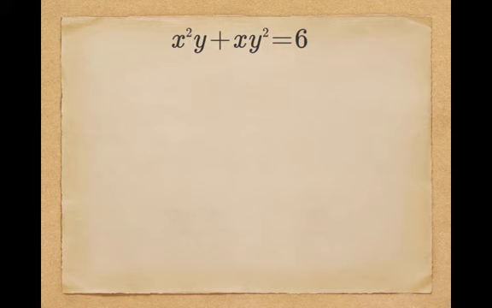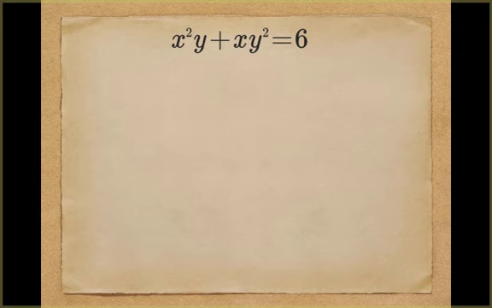And we have the example x squared y plus xy squared equals 6. So the first thing we're going to do is take the derivative, and all the rules still apply that we have normally been using. When we look at this term here, x squared y, they're being multiplied together, so we have to use the product rule.